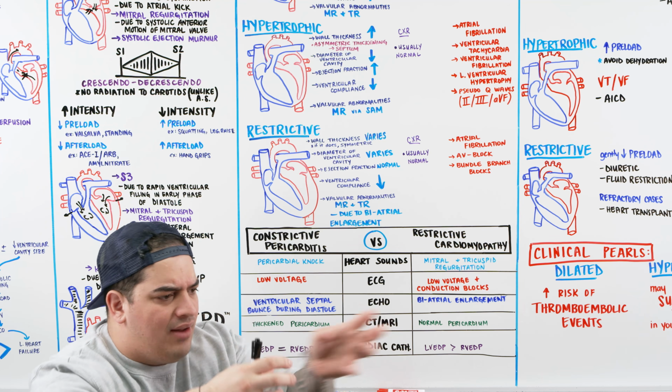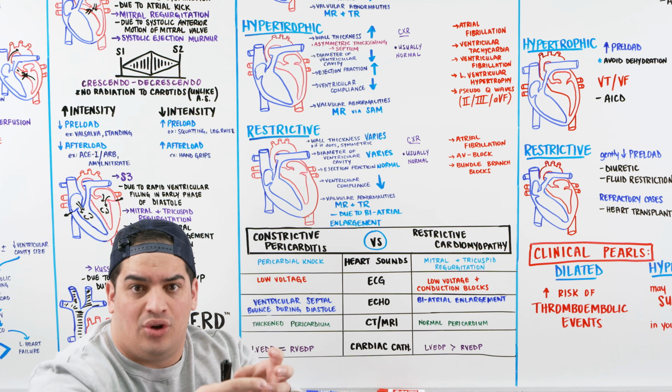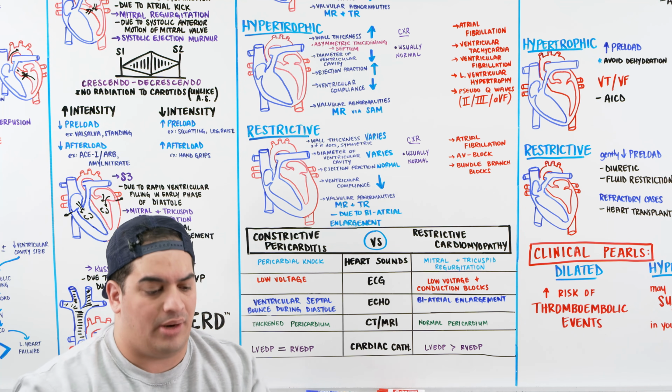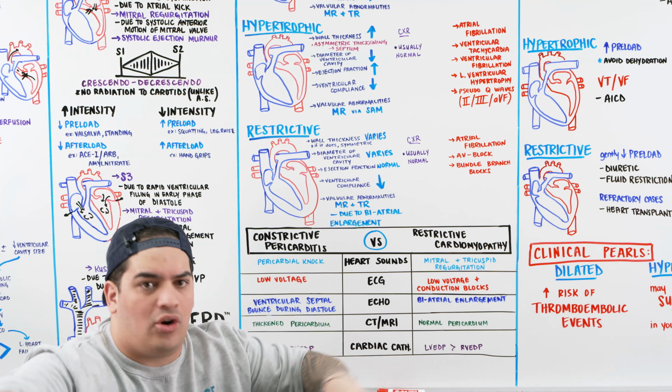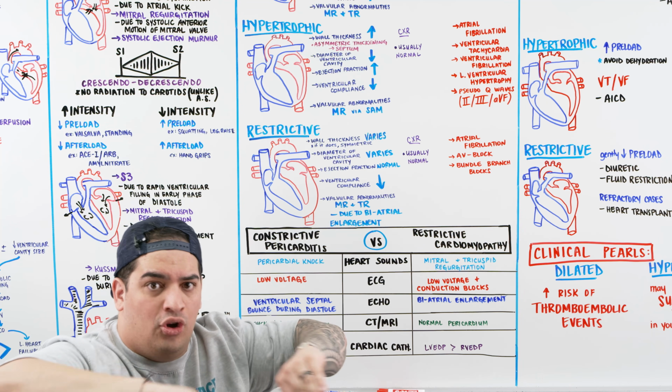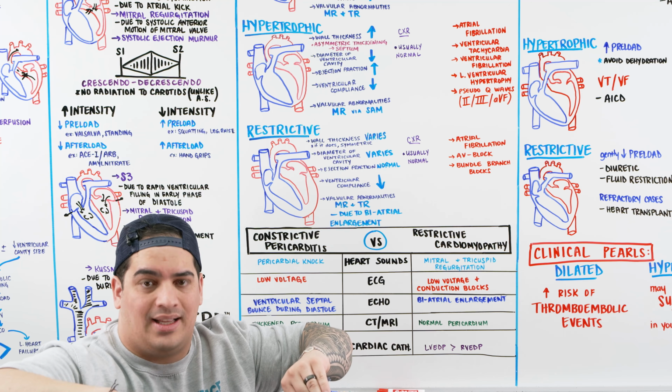The left ventricular end diastolic pressure should equal the right ventricular end diastolic pressure. The easy way to remember that is the pericardium is surrounding both of them with a significant and equal amount of resistance to expansion during diastole.